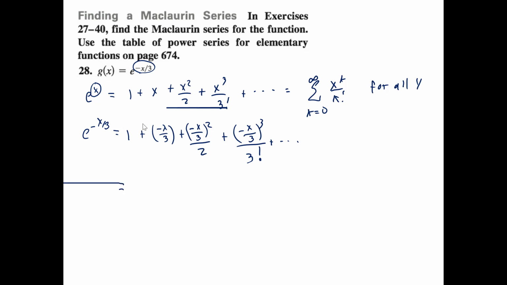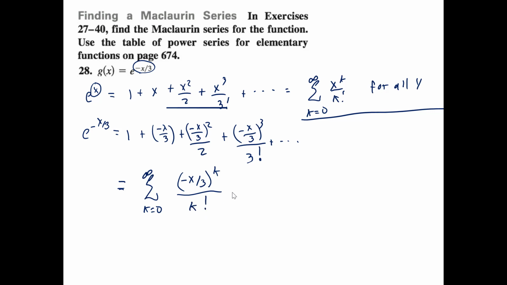And to write it in summation notation, there's no need to do anything other than go to the one that's written in summation notation and replace the x with negative x over 3. So in summation notation, this would be the summation from k equals 0 to infinity of negative x over 3 raised to the k, all divided by k factorial.